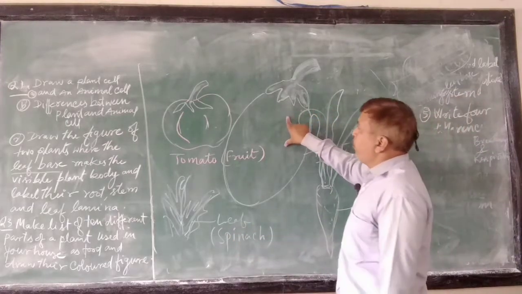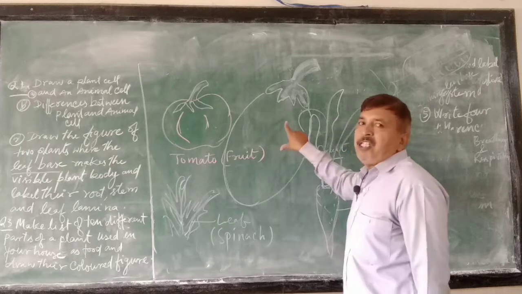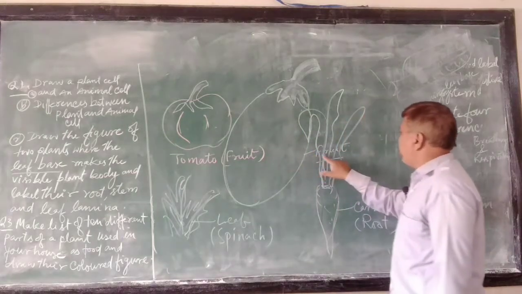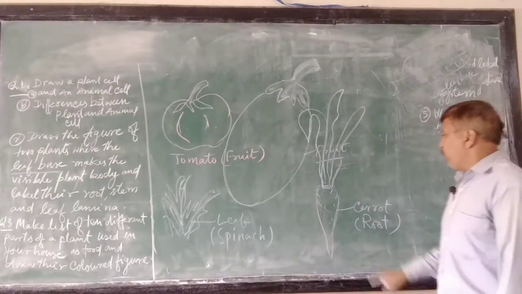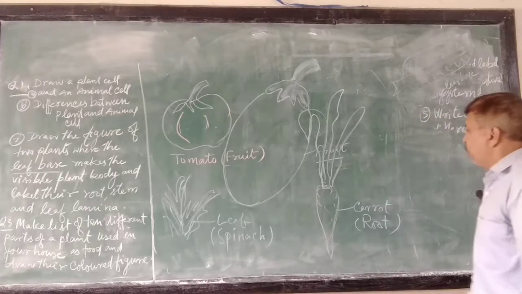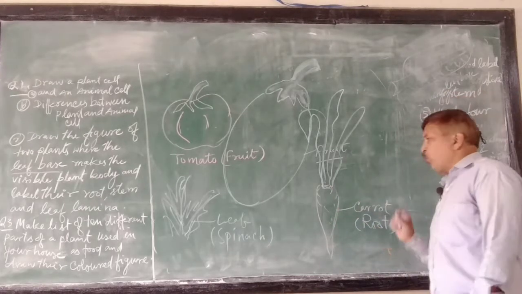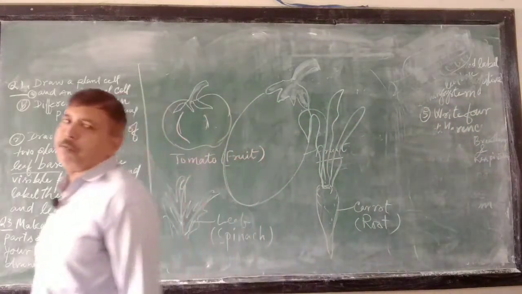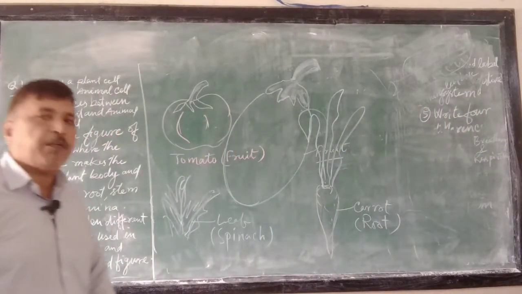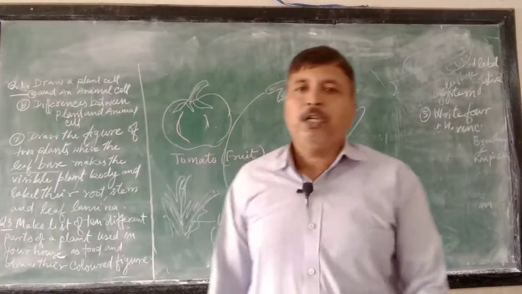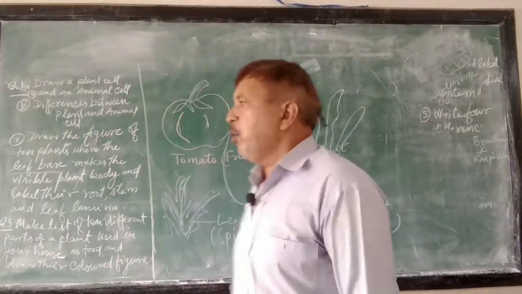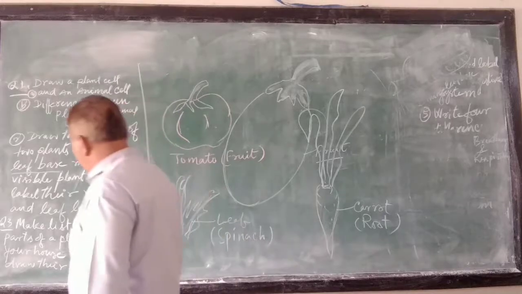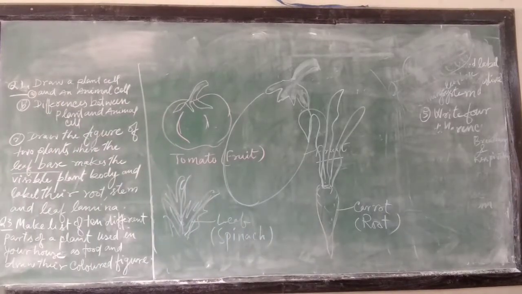Then this brinjal, it makes the fruit. Similarly, we use these carrots, and it makes the root. So similarly, you have to draw the figure of 10 different foods that we use. This is the need in the question.